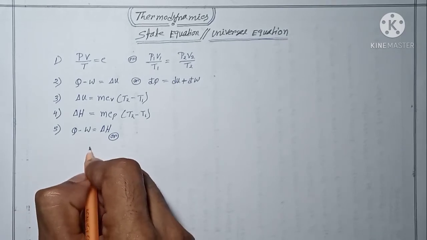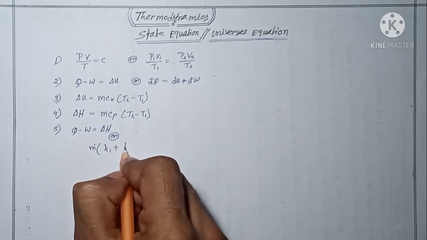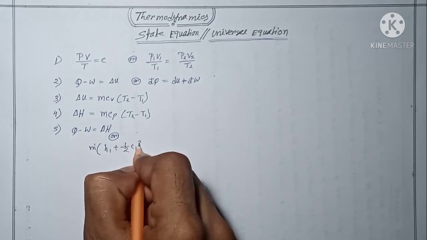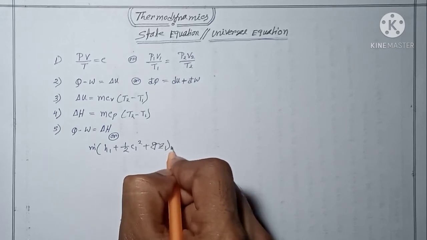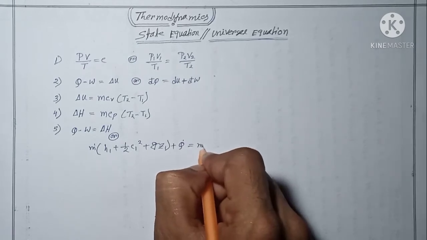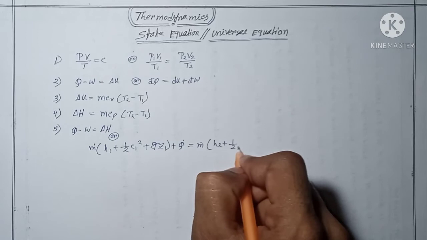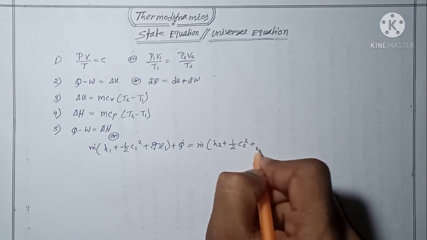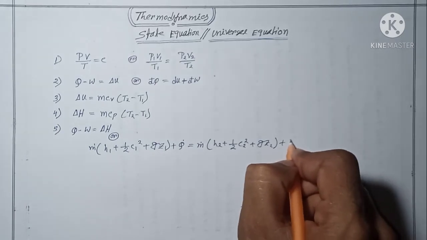So let me write it: m dot (H1 plus half of C1 square plus g Z1) plus Q dot is equal to m dot (H2 plus half of C2 square plus g Z2) plus work.